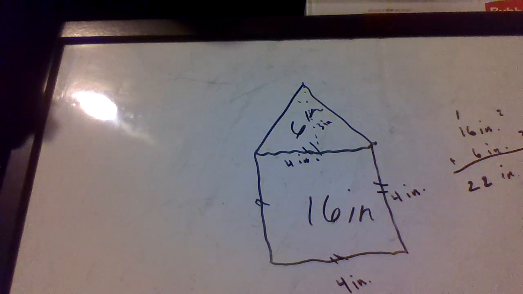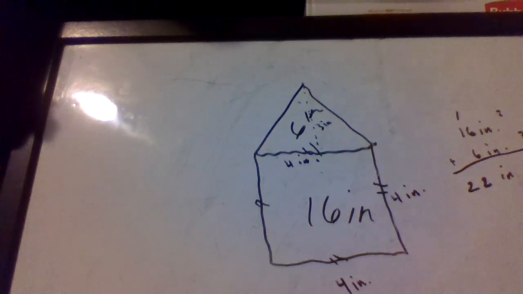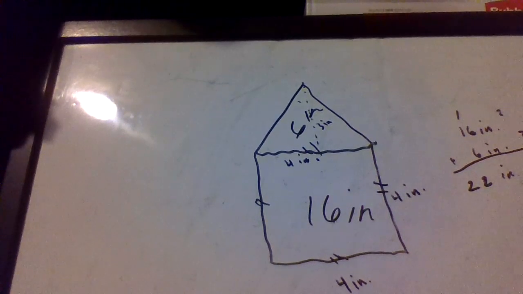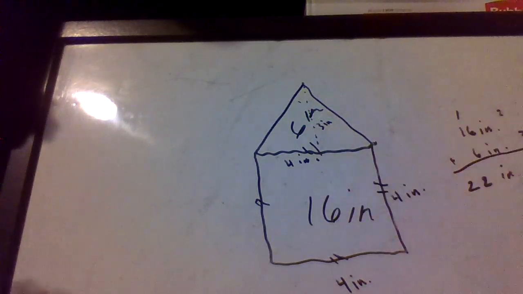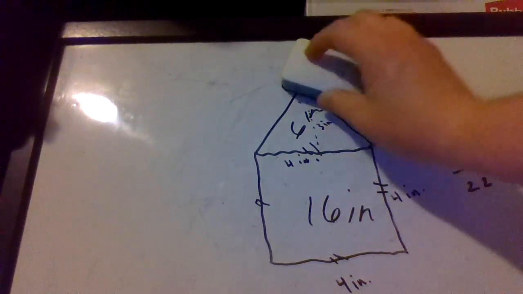In fact, I tutored a 7th grader on just this. So I know it'll be difficult. But I want to help you to figure it out. Okay, so 6 plus 16 is 22 inches squared, which is the area of this house, if you want to call it a house.